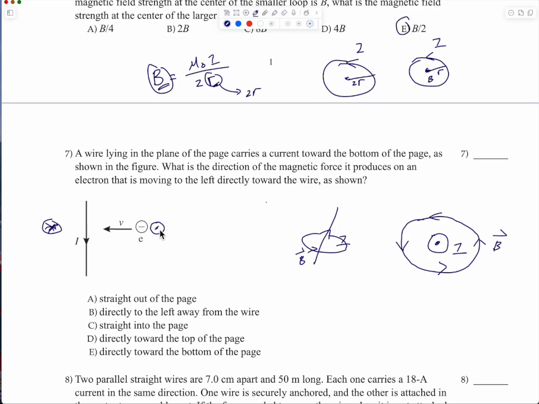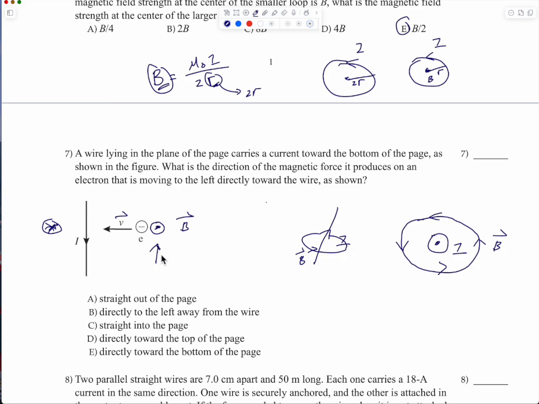Then use right-hand rule number 1 to figure out the magnetic force on this electron. Put your right hand in the velocity direction, and position your hand so that you can sweep to the field direction. From this rule, the force will be up.